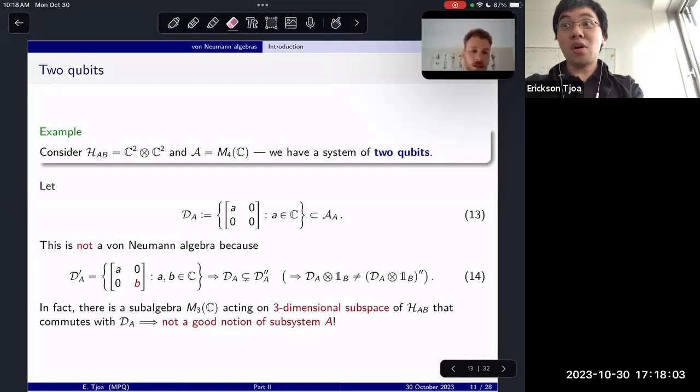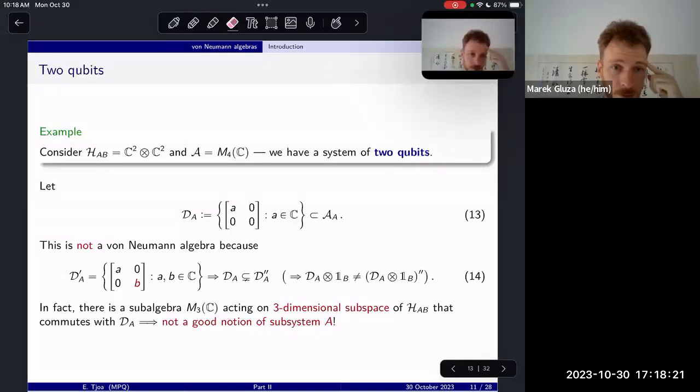So the bicommutant contains all the diagonals, which is bigger than the projection only on the top part. So in this case, D_A is strictly smaller than the double prime. And this goes through even if you took a tensor identity. So D_A prime prime in this case is the whole diagonal algebra.